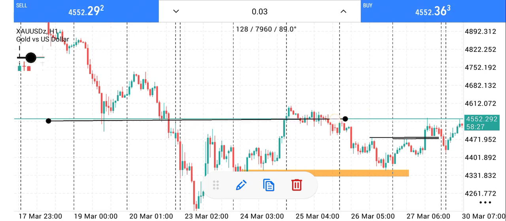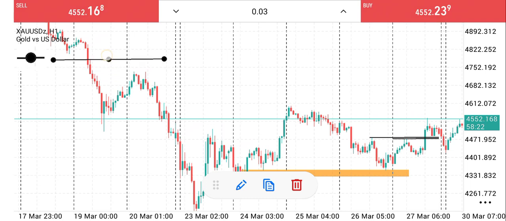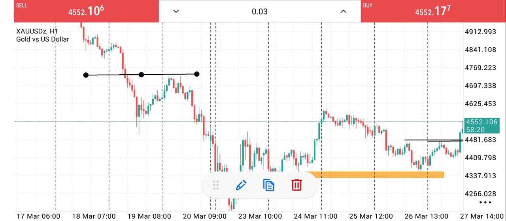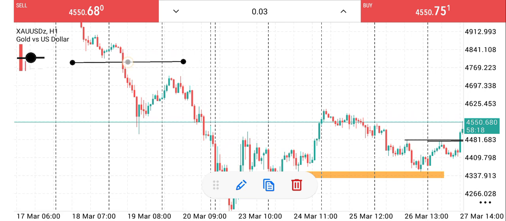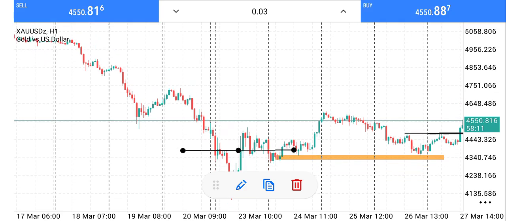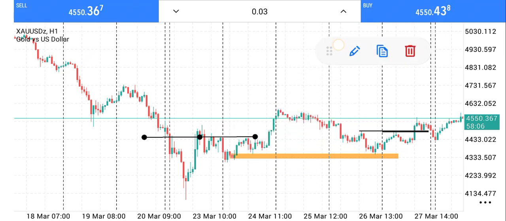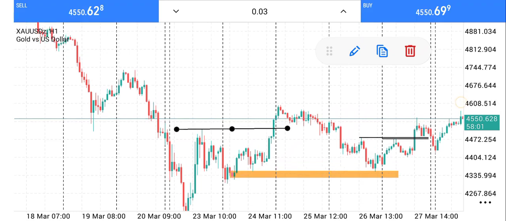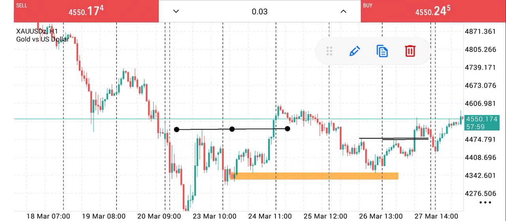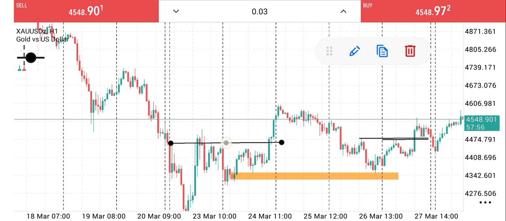From the 1-hour time frame, if you look critically, you see that market is in a downtrend, creating a series of lower low, lower high, lower low, lower high, lower low, and then a lower high. So when market created this last low here, what happened?